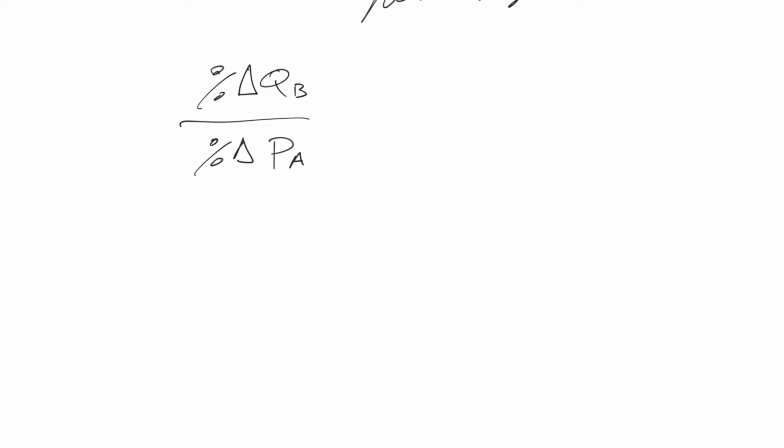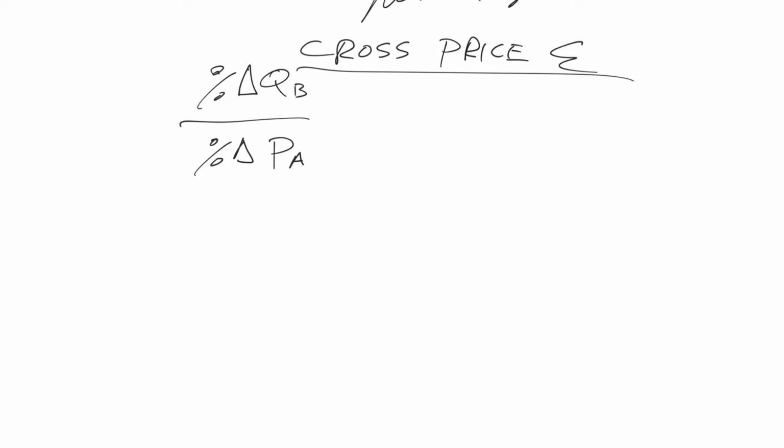With cross-price elasticity, the price of good A is changing, but we're looking at how the quantity of good B changes in response to that change in the price of good A. So let's say that the price of good A goes up 10%, and let's use a different number, 15%.